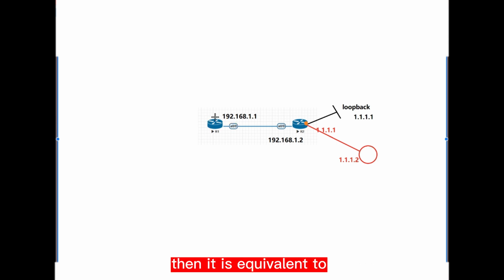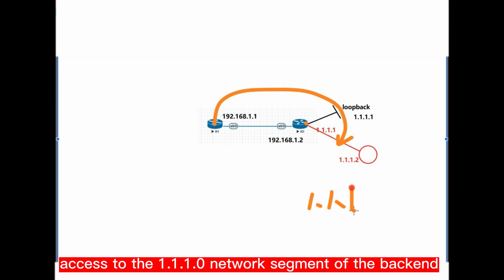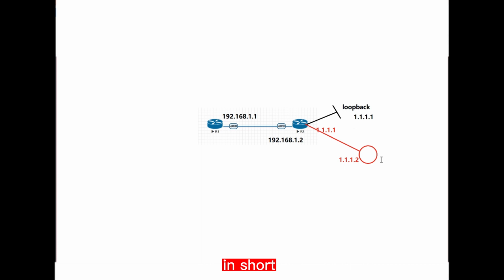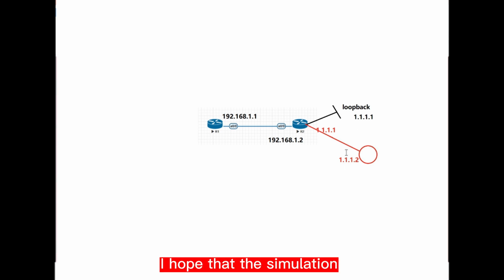Then it is equivalent to being able to access, from R1 here, the 1.1.1.0 network segment at the back. I want to simulate that there is a network segment behind, whether it's a PC or a device. In short, a new network segment has been added here, and I hope the simulation can reach this network segment.